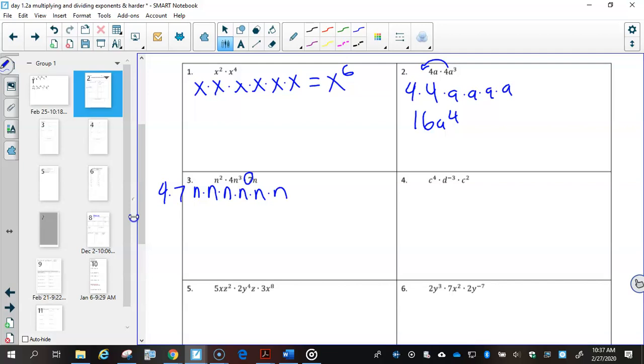How would I condense this? To the 6th power. Anyone figure out the rule? What is the rule? What did you figure out?